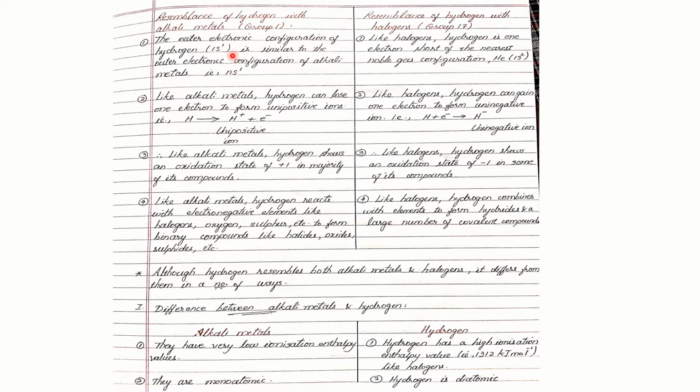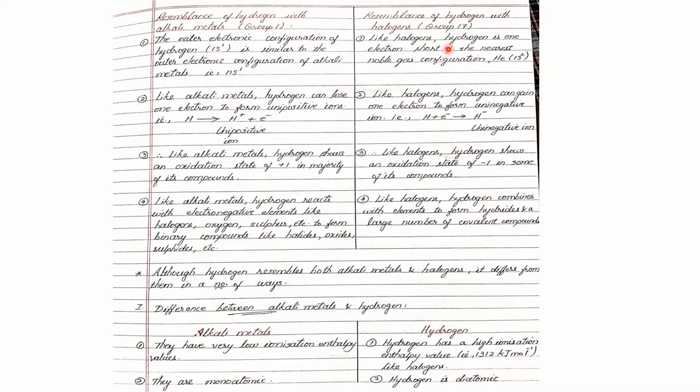The electronic configuration of hydrogen is 1s1. And what is the outer electronic configuration of group 1 elements? It is ns1. For this reason, the outer electronic configuration of hydrogen is similar to the outer electronic configuration of alkali metals. We know halogens are one electron short of achieving the electronic configuration of their nearest noble gas.